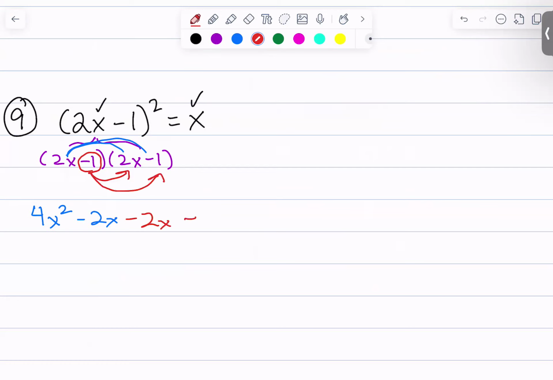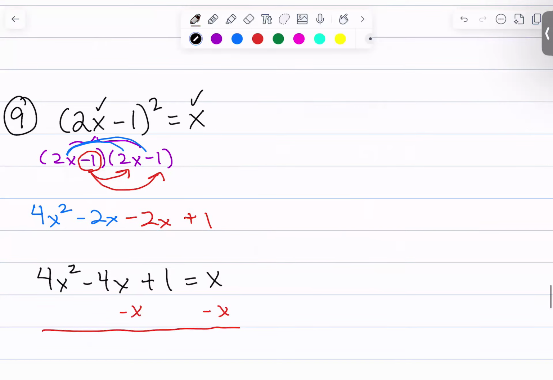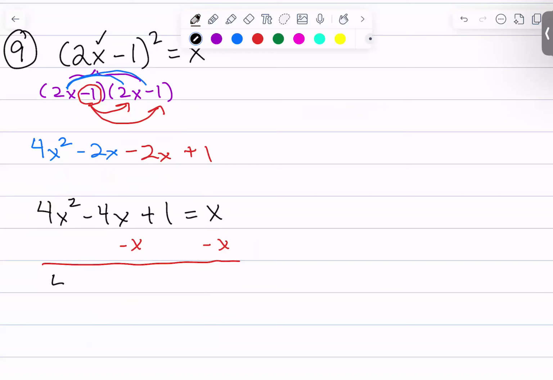So my left-hand side, I broke this down to be 4x squared minus 4x plus 1 equals x. Right? And then I'm going to make one side equal to 0 by subtracting x on both sides. So then this will be 4x squared, negative 4x minus x, that's negative 5x, plus 1 equals 0.